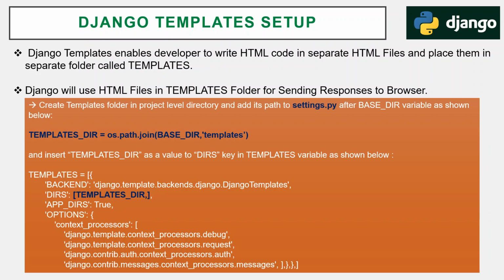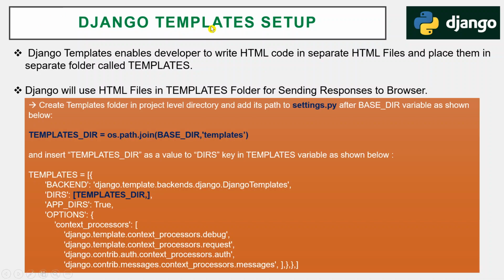Okay, so in practical scenarios that doesn't work friends, because the HTML document contains so much vast code, so we can't insert that much vast code inside the HTTP response parenthesis. So instead of doing that, what Django recommends is Django templates is a system we need to use.